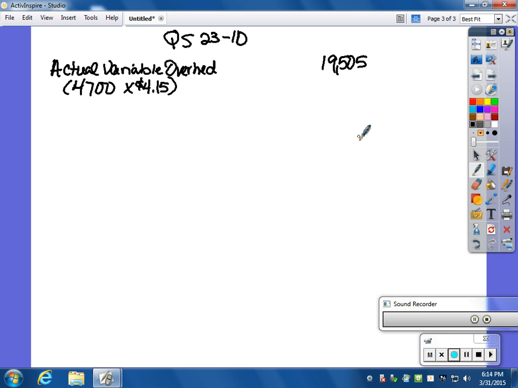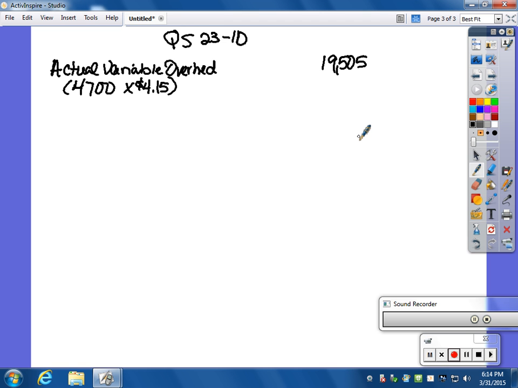And then we need to also do the applied variable overhead, which is another way of saying what? Standard. Or actual, no, not actual, budgeted. Remember with overhead, you can't ever just use whatever the rate is, you have to do the applied, not the incurred.